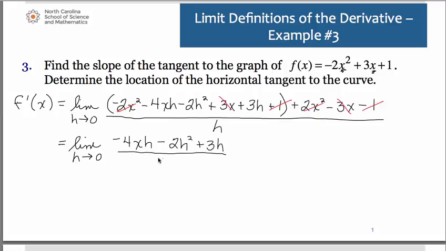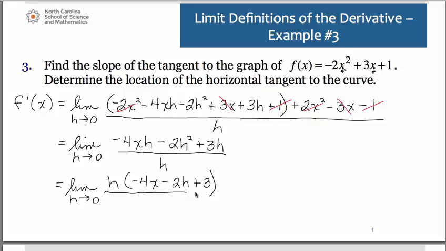So now you're at the point that you have a limit to evaluate algebraically. Of course, you cannot substitute 0 in for the h because of that denominator. So we are going to have to algebraically manipulate it by factoring out an h from the numerator. And then your h's cancel out.